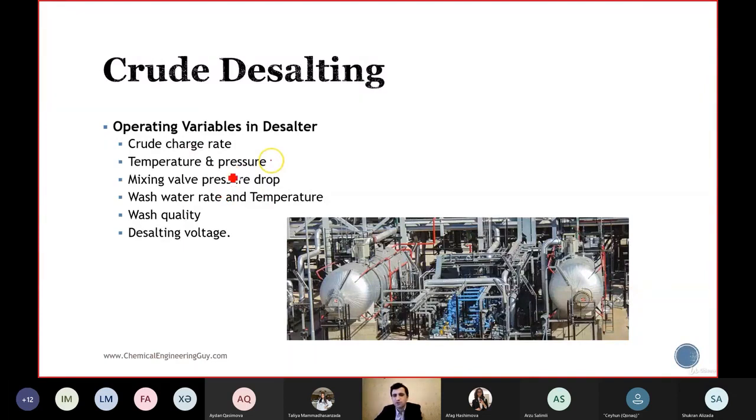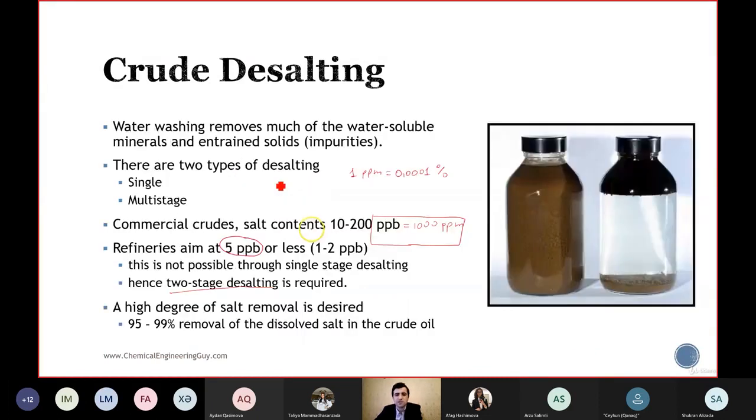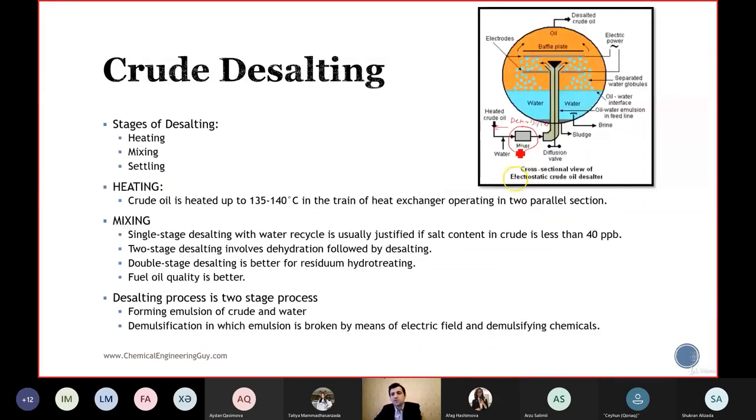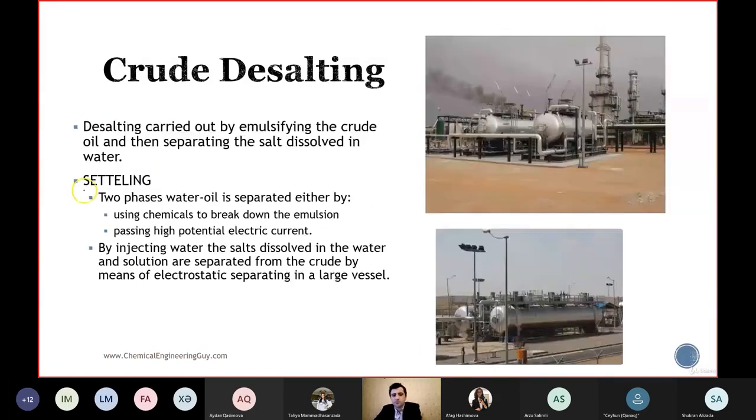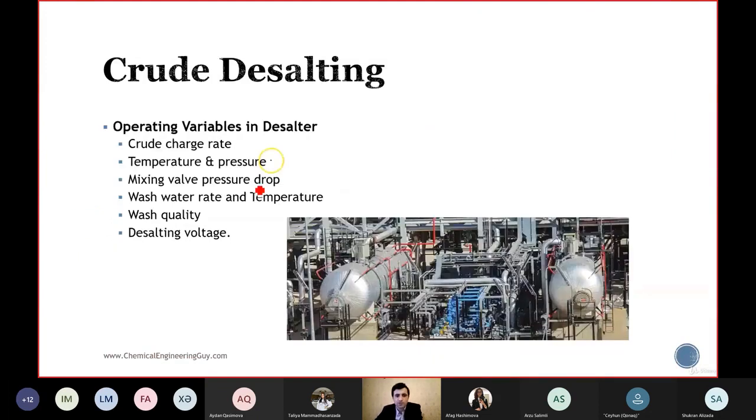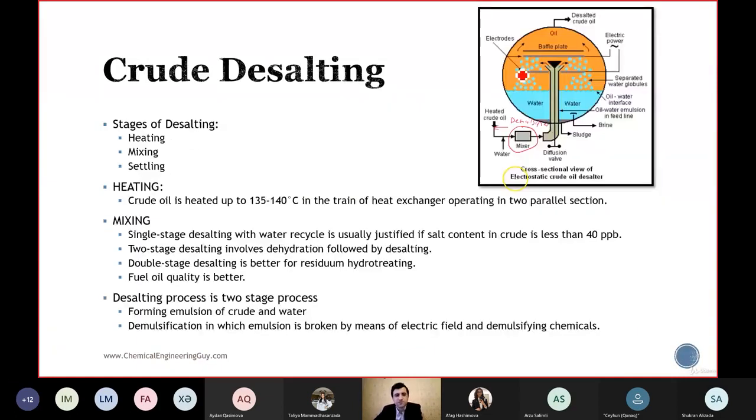We have heated crude oil, we add the emulsifier here, and then we add water and we have the mixing valve. Most of the time it is a static mixing valve that helps to mix the crude and water. Other variables are wash water rate and temperature, wash water quality, and desalting voltage. We have the electrodes. It is an electrostatic desalter, so the voltage is also important here.